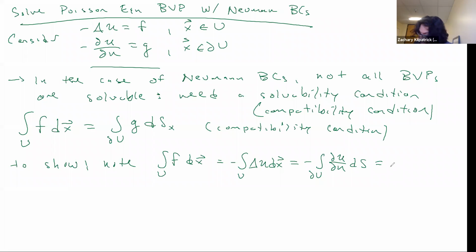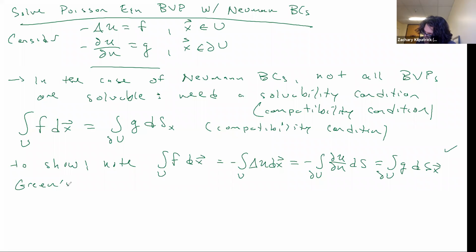So that's immediately our boundary condition, right? And so we can just write this as the integral over the surface of G in this case, all right? So our compatibility condition, right, comes from analyzing this relationship.